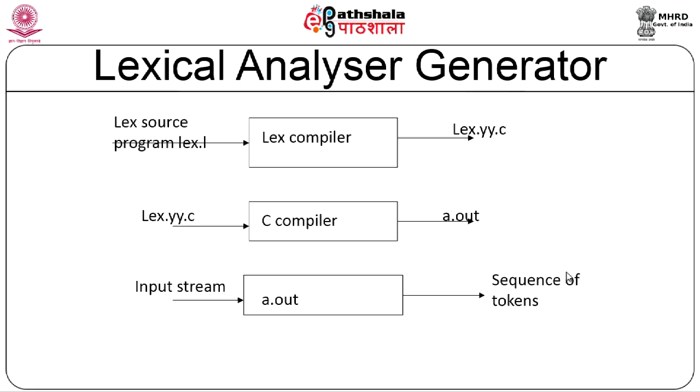It is going to generate a C file. Once I have a C file, I can run it through a C compiler, and then generate my output using a.out. When an input string comes into the picture, I can execute it using the C file, and then generate my token sequence.